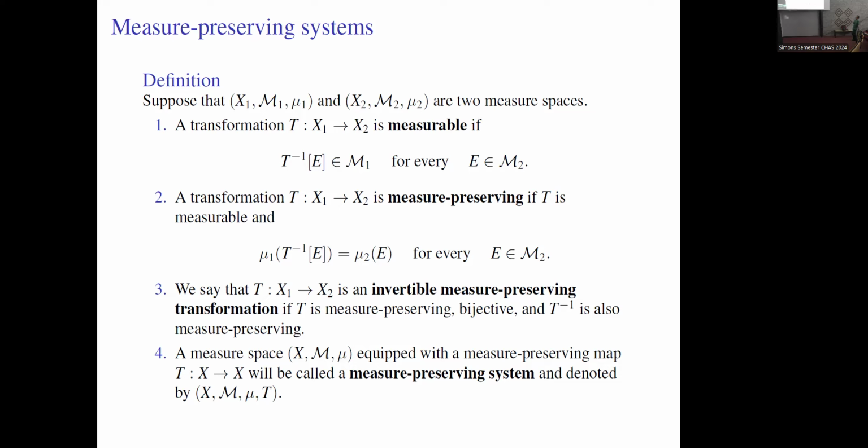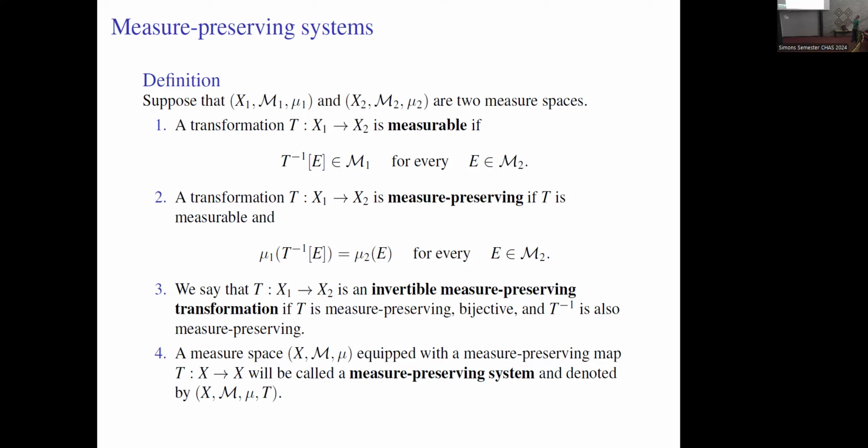And so we will say that T is invertible and measure preserving if T is measure preserving, is bijective, and T inverse is also measure preserving. And for a measure space, usually in the context of ergodic Ramsey theory, we work with finite measure preserving systems.